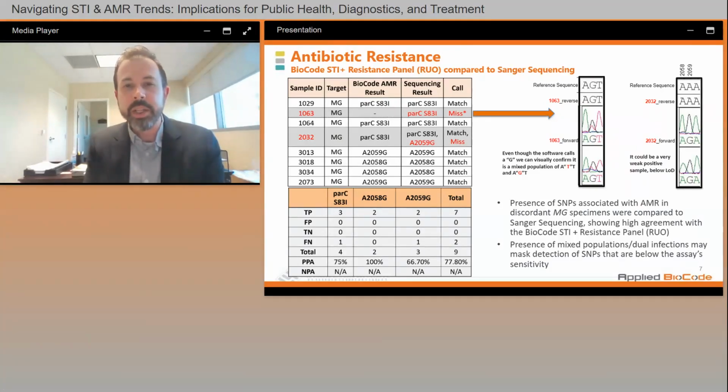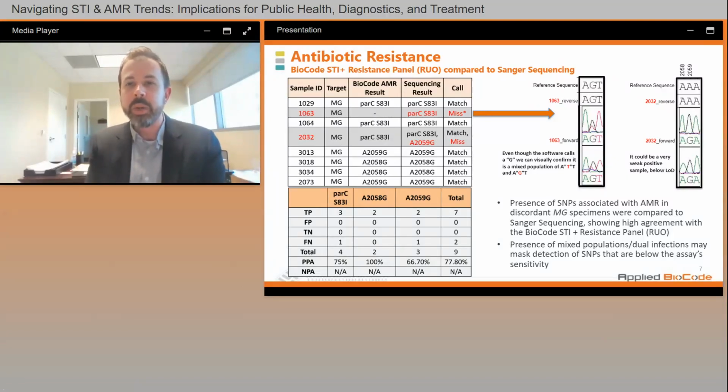Upon further investigation, there was visual evidence, when looking at the graphs, for a potential mixed population in sample 1063, where it's called a series of AGT, but there is some evidence of another population of ATT in that sample as well, potentially explaining that miss.